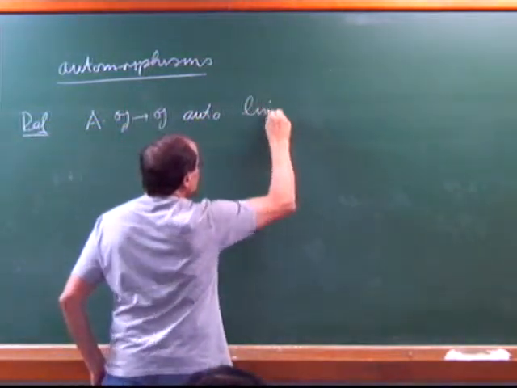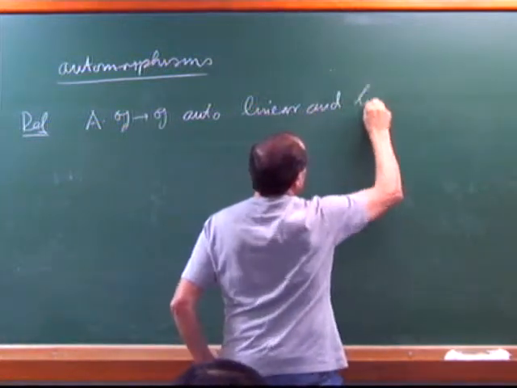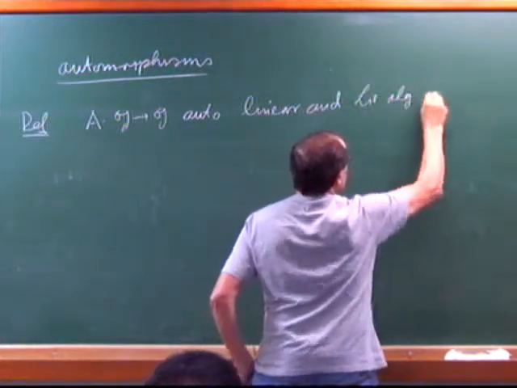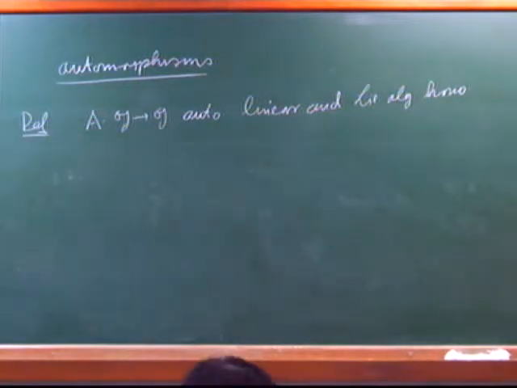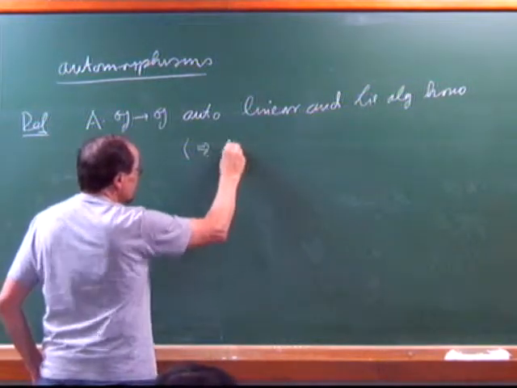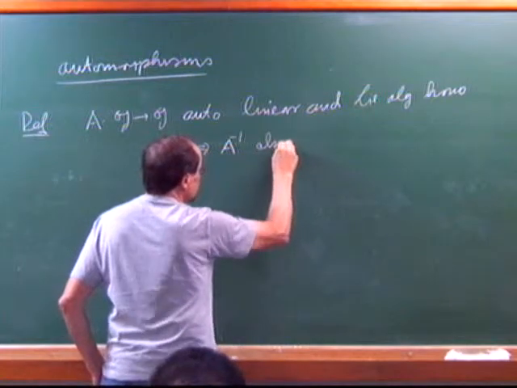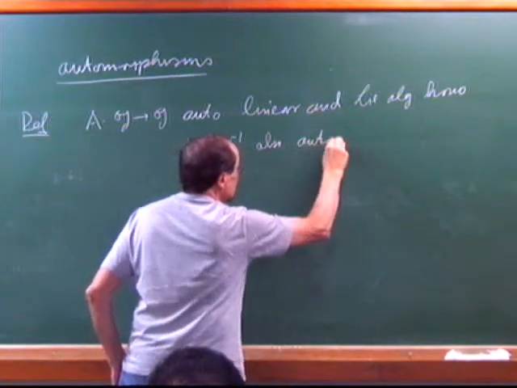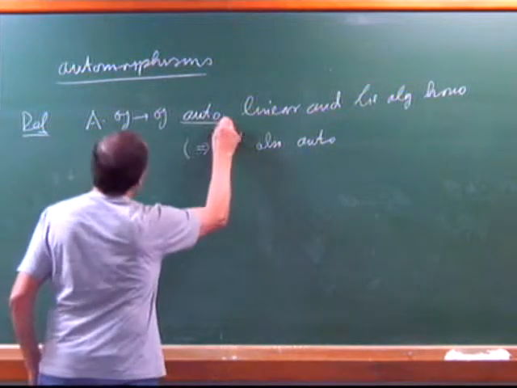It's a linear map and a Lie algebra homomorphism. A little exercise, very simple, is that this implies that the inverse, since it exists, is also an automorphism. So if A respects the Lie bracket, the inverse of A also respects the Lie bracket. So that's, of course, what I would mean by an automorphism.